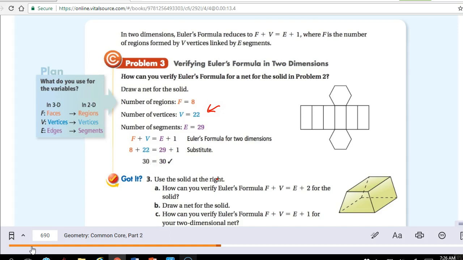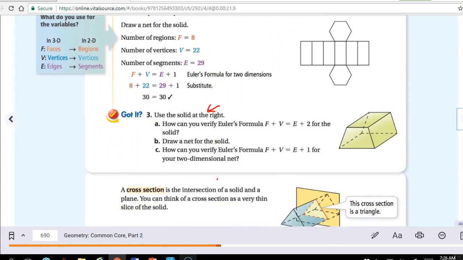Okay, so let's see if we can apply that ourselves. And again, one of the hardest things that most students do is drawing the net, which is the part that's laid out really flat. So it says, how can you verify Euler's formula, which is the one for when it's already in a three-dimensional shape.